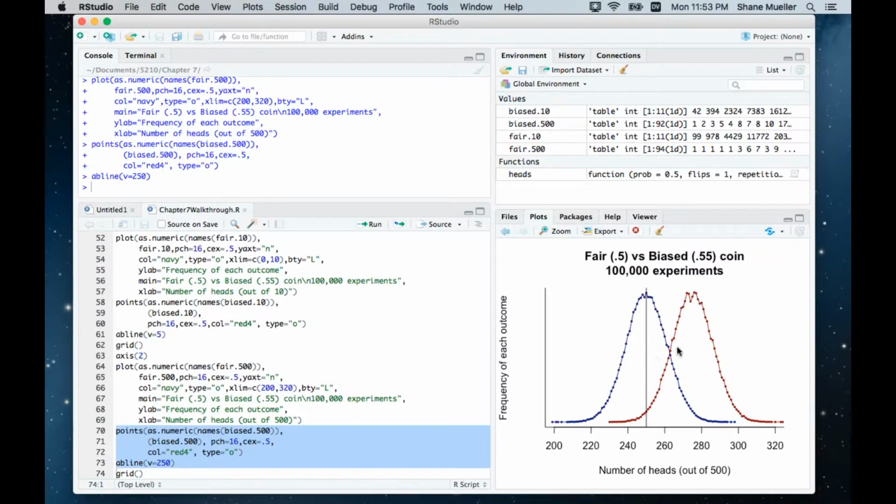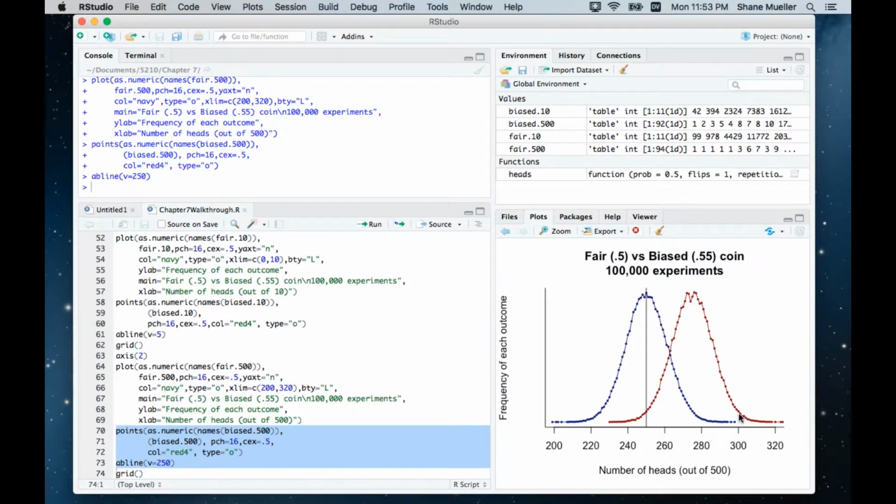I guess this would represent a case where I tell you, in one hand I've got a fair coin, in the other hand I've got a biased coin that lands on heads 55% of the time. Can you tell which one it is? Well, you could make a guess. If it was 250 exactly, it's much more likely to be the fair coin than the biased. If it's 280, it's much more likely to be the biased than the fair.